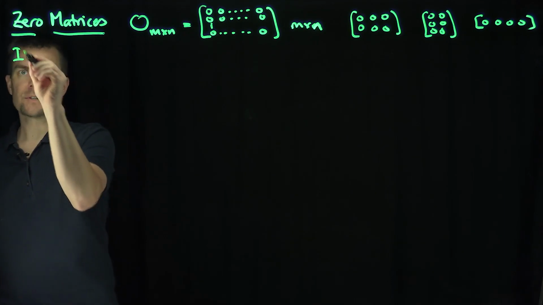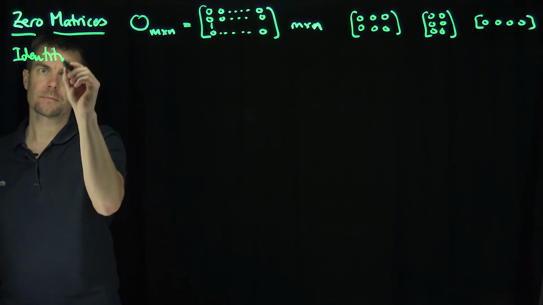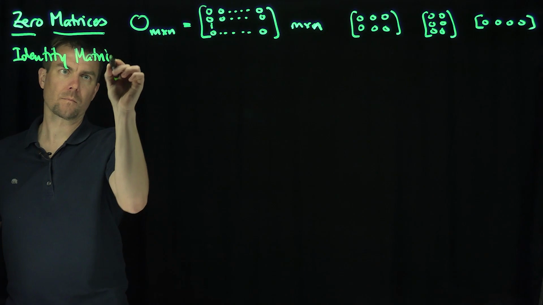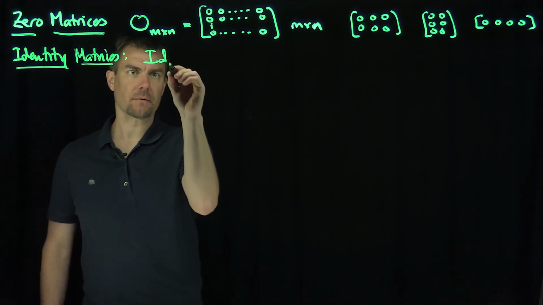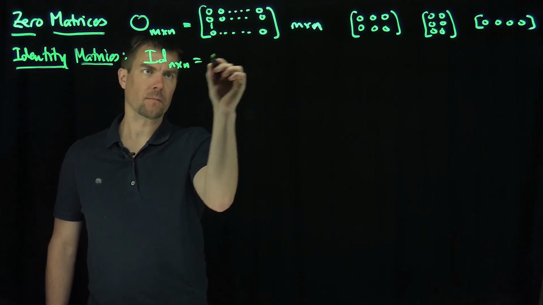We have identity matrices. Now, these have to be square matrices. We'll call these I_n, n by n.